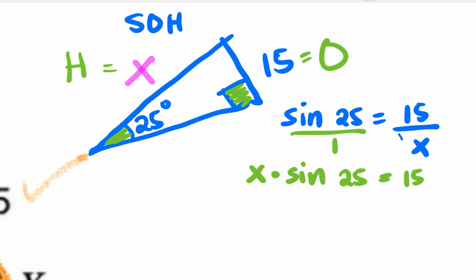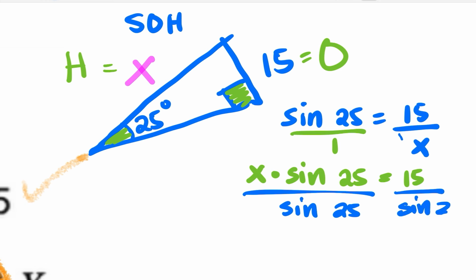We want to get x by itself, so I'm dividing sine 25 on both sides. So this cancels, just like when we have 3 divided by 3 is 1, 8 divided by 8 is 1. So it's the same concept in here. However, this is sine 25 divided by sine 25. So in our calculator, we're going to press 15 divided by sine 25.